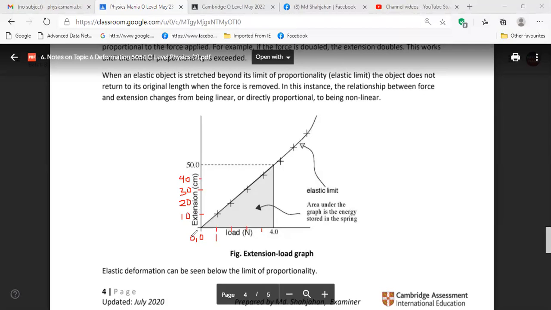And on the x-axis we have 1, 2, 3, 4. So they gave here 4, you give here 5, so that it is matching.